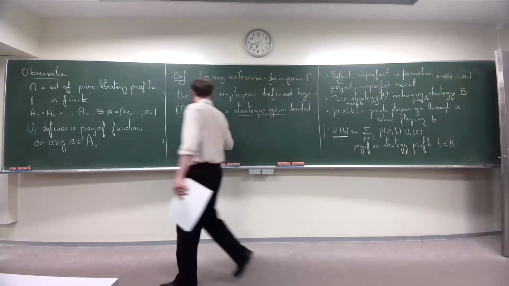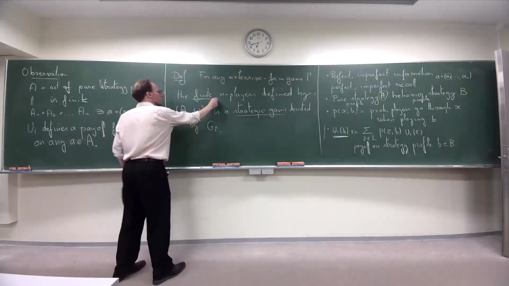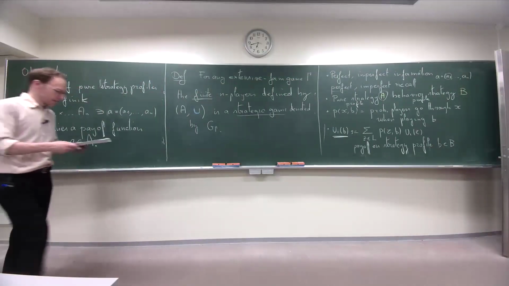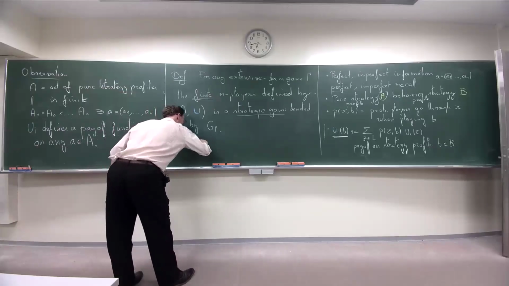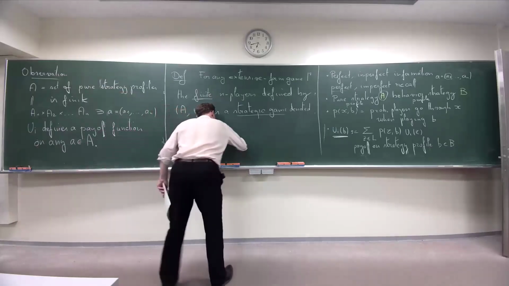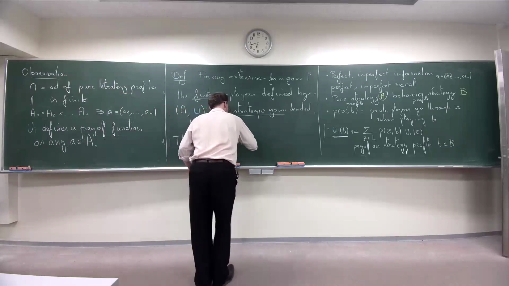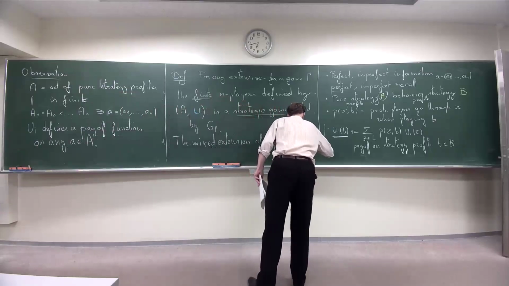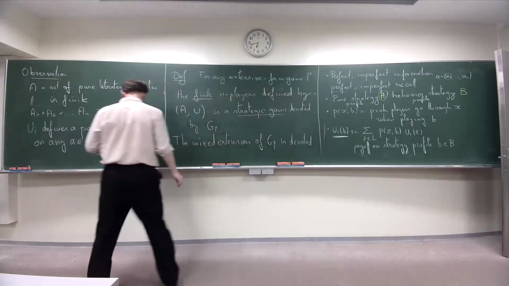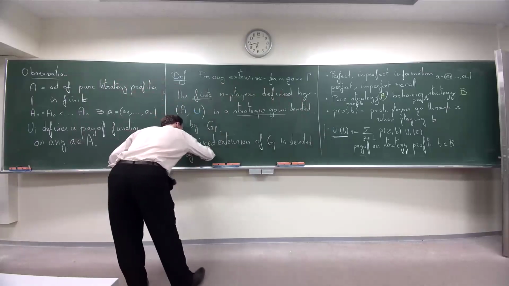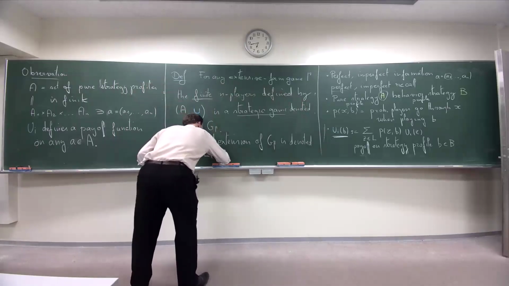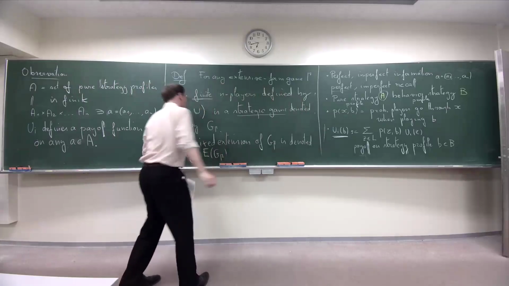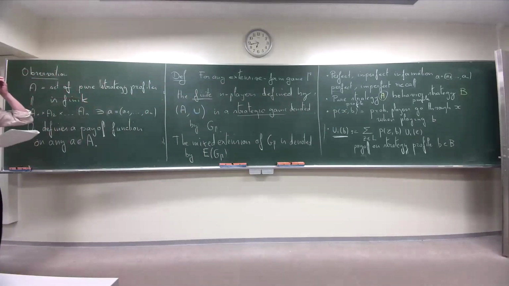And you can do one more step, because this is finite. What we did when it's finite, we can even construct the mixed extension. So the mixed extension of G of gamma is denoted, using the notation of the previous chapter, by E of G of gamma.